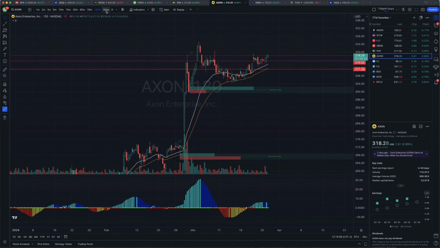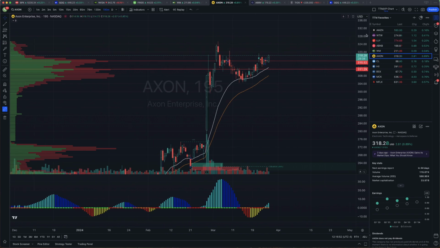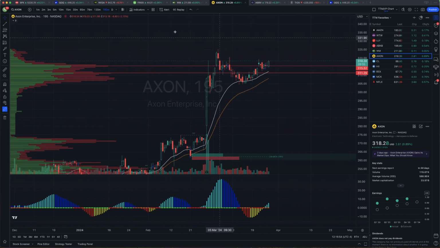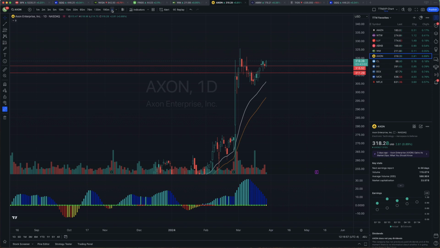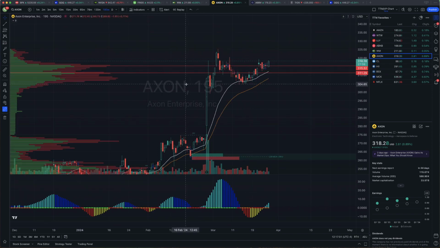So if I was playing this AXON chart on the 195, I have a daily squeeze? Not yet. I would start drawing my lines here on a larger scale.